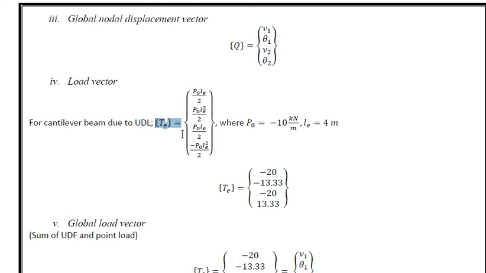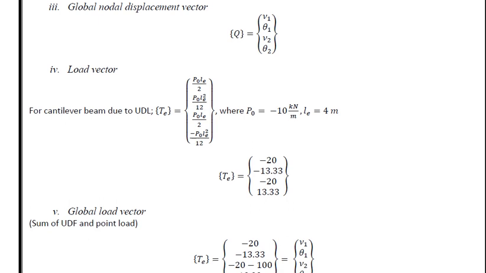The load vector for UDL we can write like this. It will be different for UDL, it will be different for UVL. So the load vector for UDL, uniformly distributed load, is given as P0 LA by 2, P0 LA square by 12, P0 LA by 2, minus P0 LA square by 12.